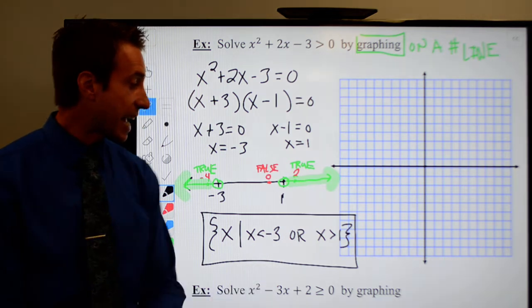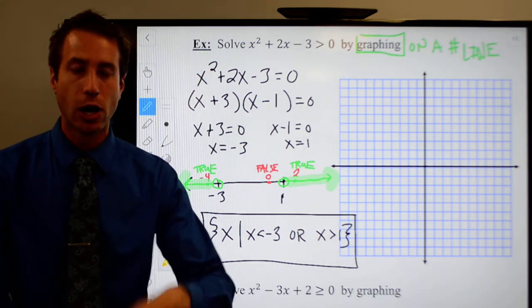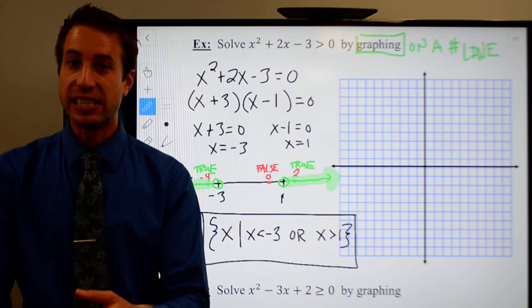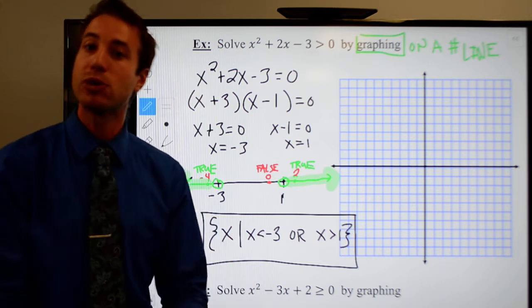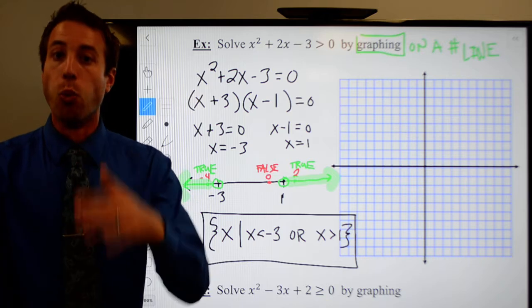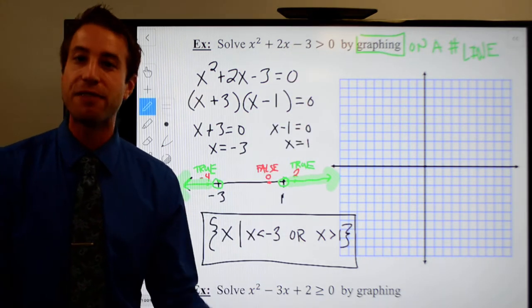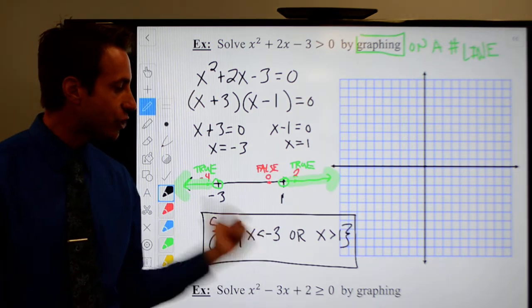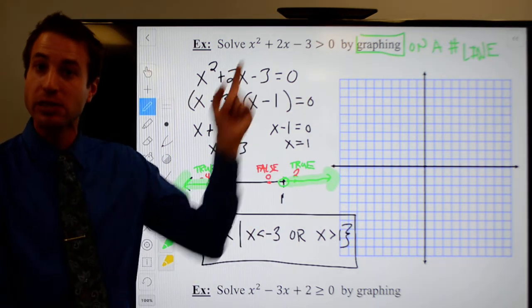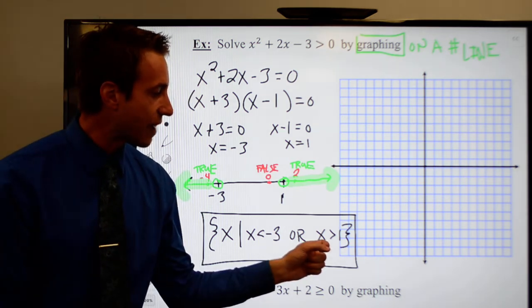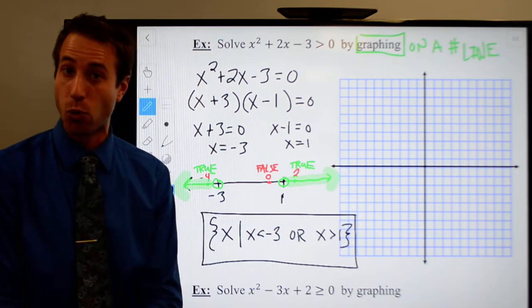And it's actually going to be the answer that I'm looking for on the homework, on the quiz, on the test. Your answer is the intervals that represent the solution regions. What is a solution to this inequality? Well, you can pick any value of x you want as long as it's strictly less than -3. It'll satisfy the inequality. Or you could pick any value of x strictly greater than 1.